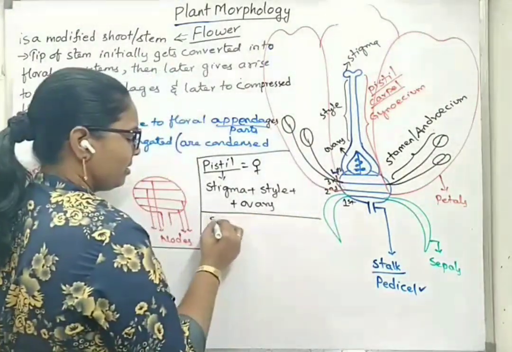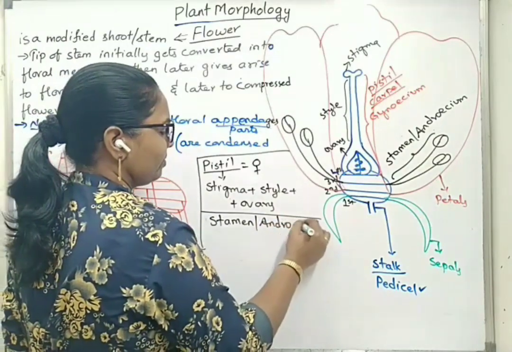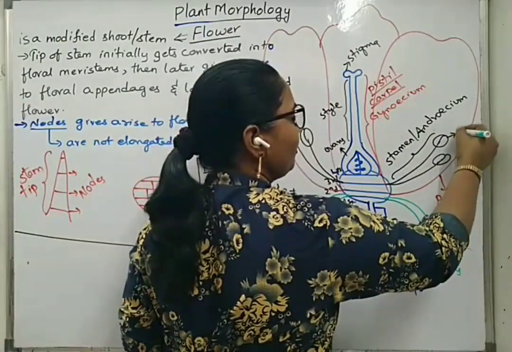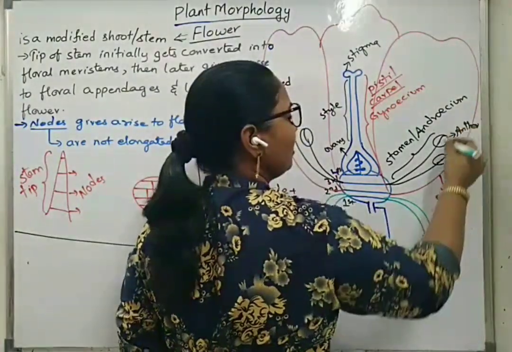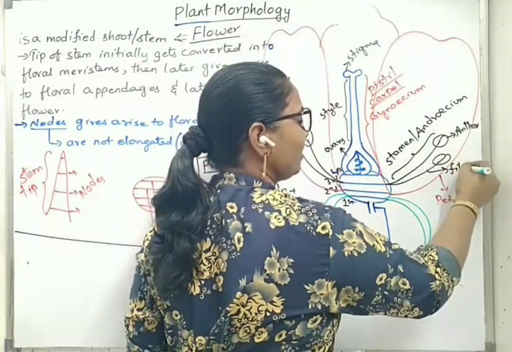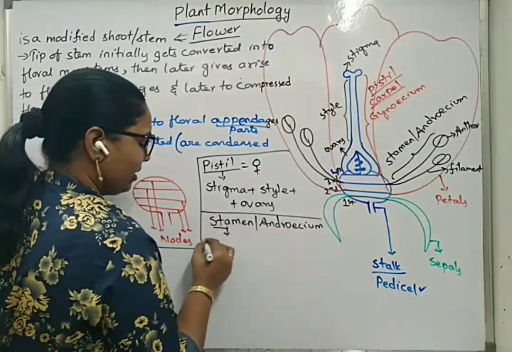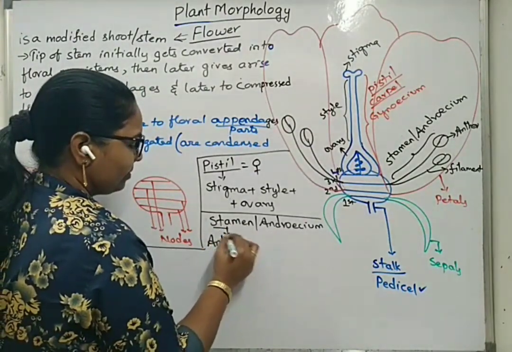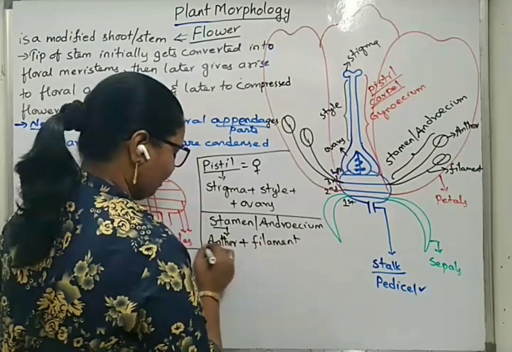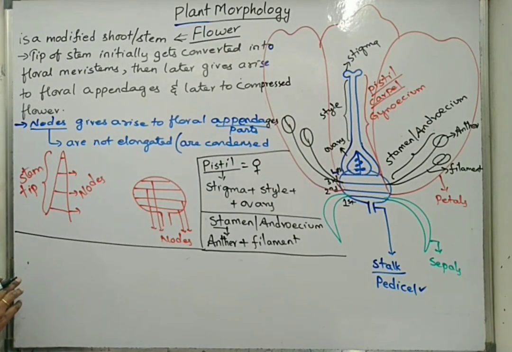Next one, stamen or androecium. This is a combination of anther and this long thread-like structure which is holding it, called filament. So we can write stamen is anther plus filament. So these are important labelings in a flower.